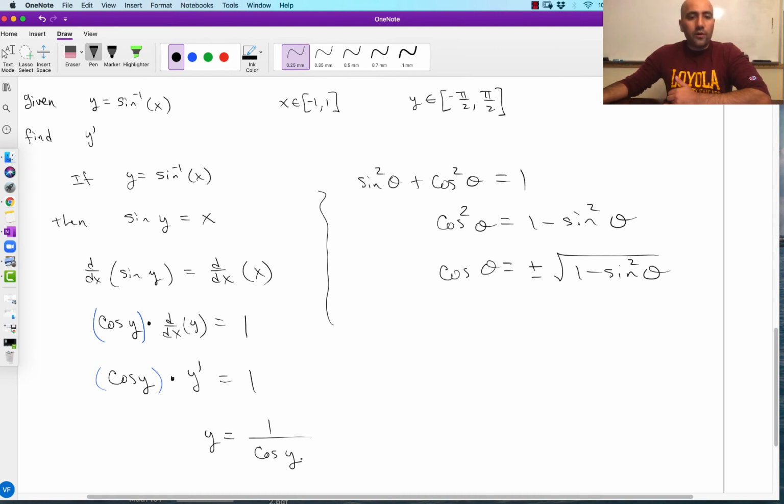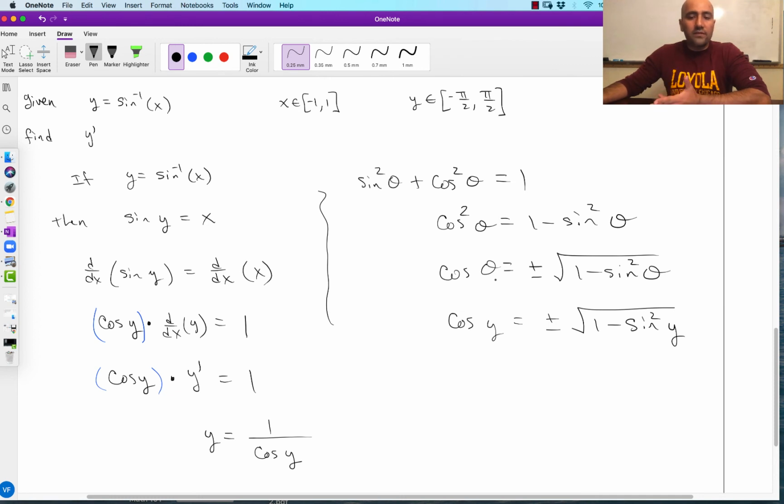But in particular, we want to think about this particular case here. For us, y is an angle between negative pi over 2 and positive pi over 2. So this is really cosine of y equals plus or minus the square root of 1 minus sine squared y.